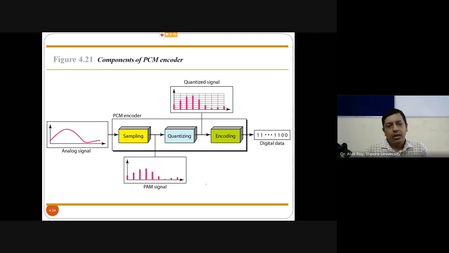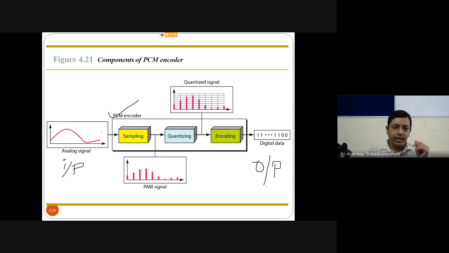See, in pulse code modulation, you will have an input signal, an analog signal. This is your input, and this should be your output. You will have an encoder that will convert your input signal to output data, where the PCM encoder will sample it first.